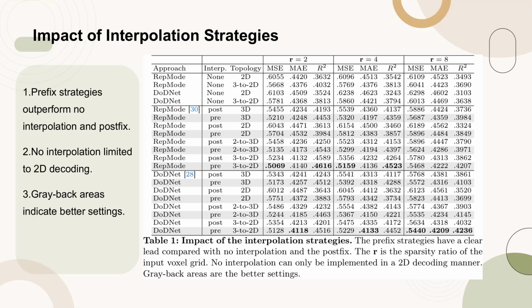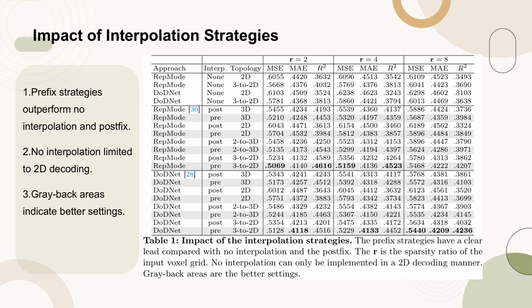The table highlights that gray background areas represent the optimal settings for each strategy, indicating superior performance in terms of MSE, MAE, and our two metrics. The sparsity ratio, R, of the input voxel grid is also a critical factor, with different ratios 2, 4, 8 affecting the results. This table provides a clear comparison of how various interpolation techniques influence the accuracy and reliability of subcellular structure predictions.